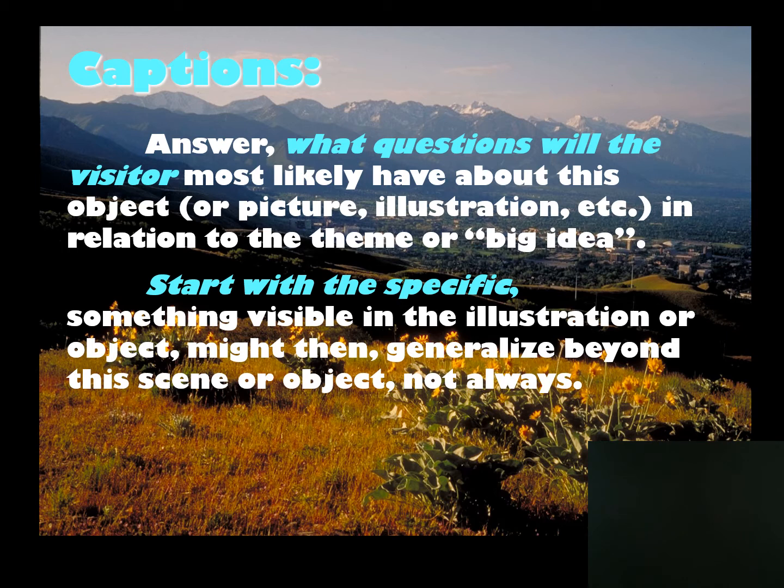And you might start talking about why we have so many now, and it might be attributed to grazing and overgrazing, and that maybe the animals don't like to eat these, so they're what survive. And then you go to grazing in other places and across the West and maybe into other areas around the world. But start specific with what is right there, what is immediate, and then move into bigger ideas.